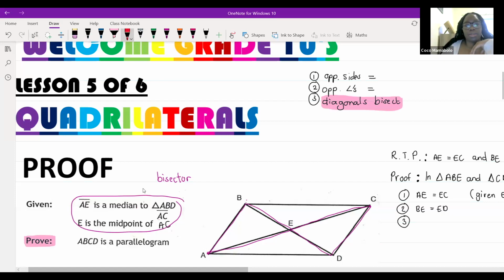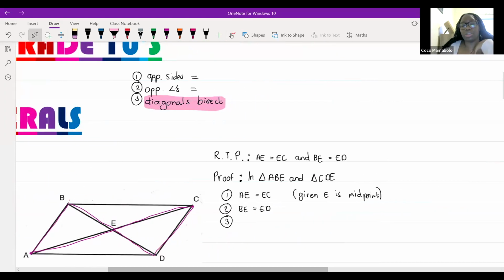Okay, again, it's been given to us. We're told here that AE is the median to triangle ABD. Okay, not in this case, AE. We need to be very specific. We need to say AE is the median. Okay, we are given that AE is the median.